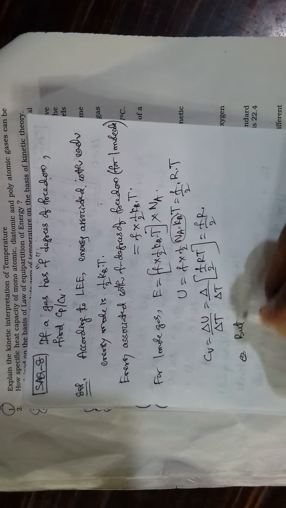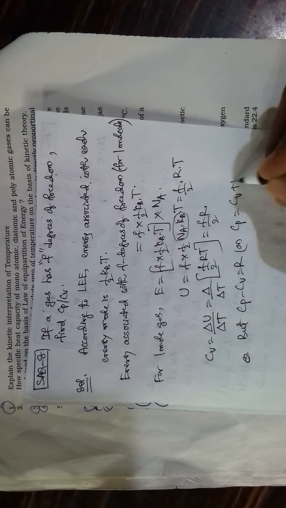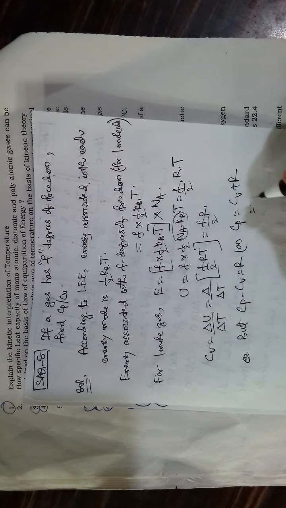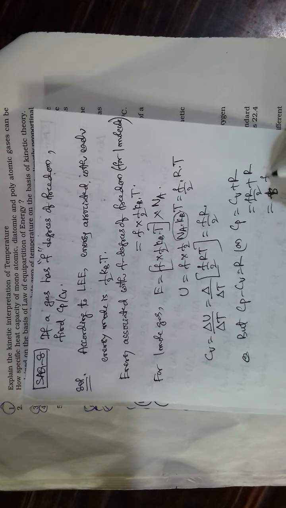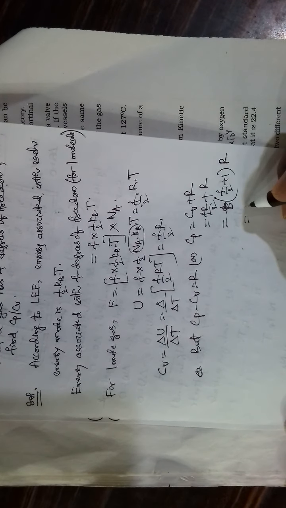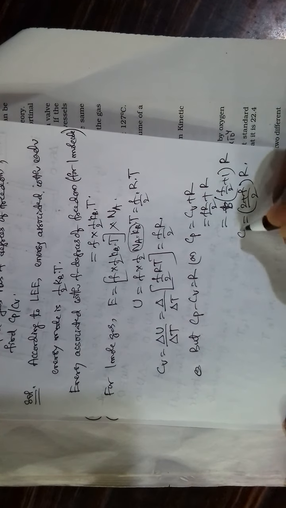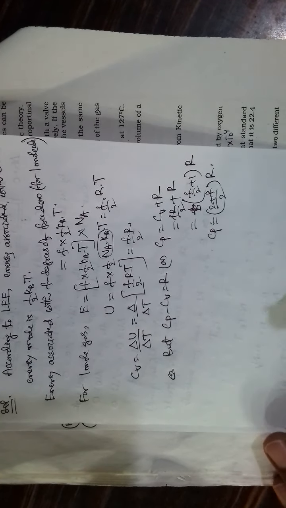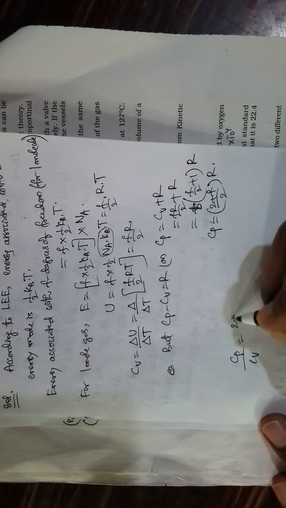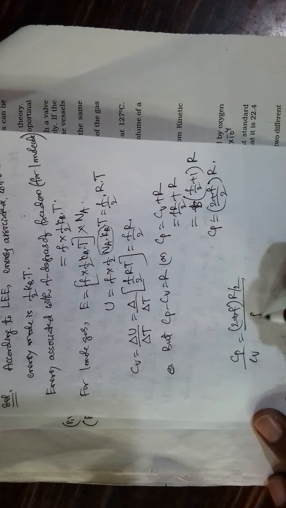But we know Cp minus Cv is equal to R, or Cp is equal to Cv plus R. Cv value is f R by 2, plus R. So f by 2 plus 1, that is (2 plus f) by 2 into R. Now Cp by Cv is (2 plus f) by 2 divided by f R by 2.